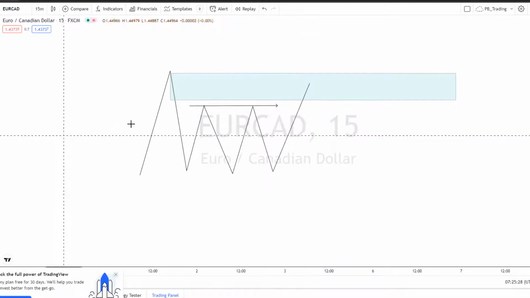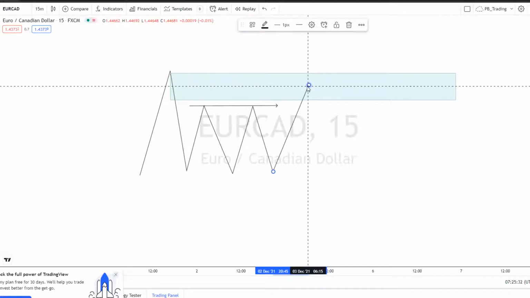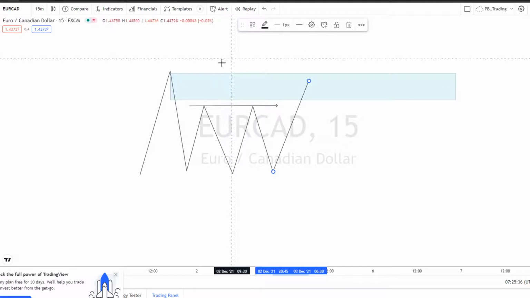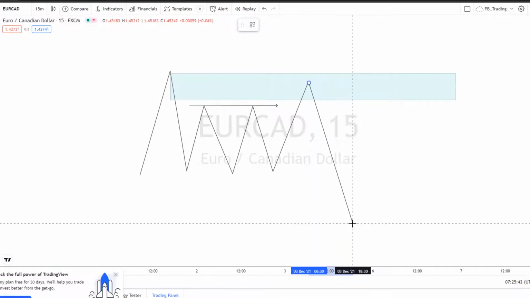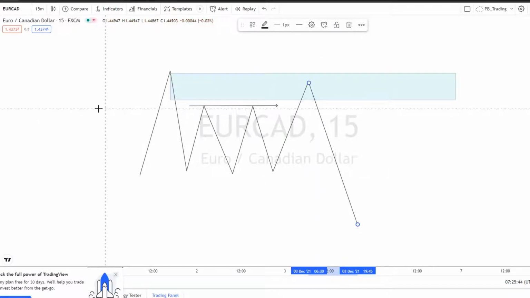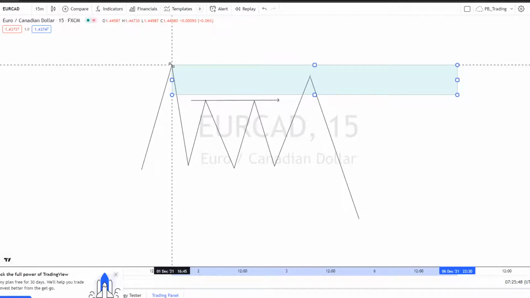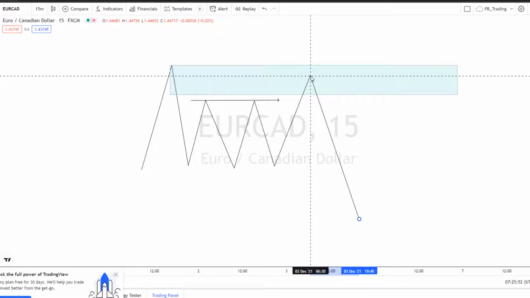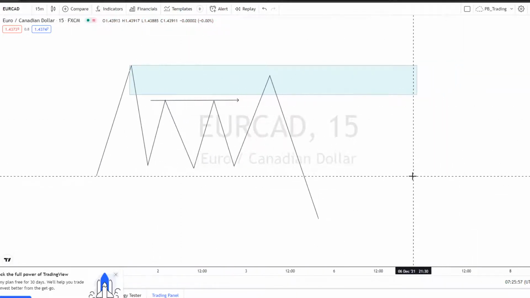So anytime we have price pushing to equal highs like this into a sensitive zone like that, that gives us a very high possibility that this zone here is going to be a zone that will hold price lower. Now that is one of the high probability sensitive zones you can identify in the market. That's one of the ways of identifying high probability sensitive zones in the market.